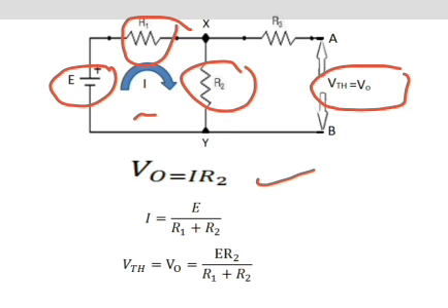We know the value of I, so we can calculate the value of VTH. VTH equals VO, that means Thevenin's voltage equals the output voltage at the terminals A and B. That equals E into R2 divided by R1 plus R2.